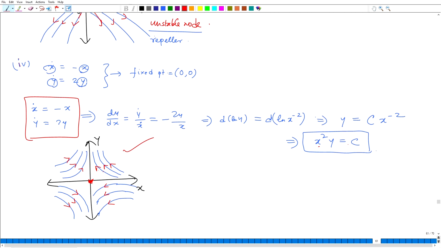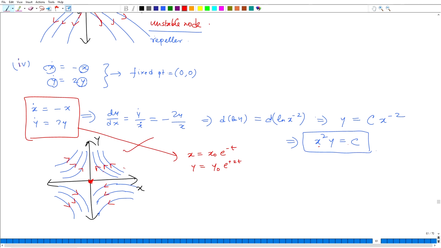Okay. So, now my point is that first we have to solve for this equation. We will see that if we solve for this equation, then x will be given by x 0 e to the power minus t, and y will be given by y 0 e to the power plus 2 t. Okay.